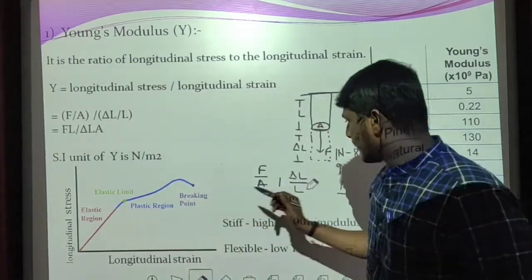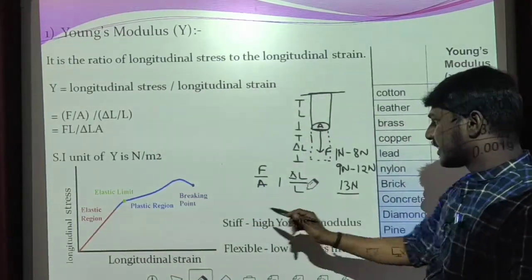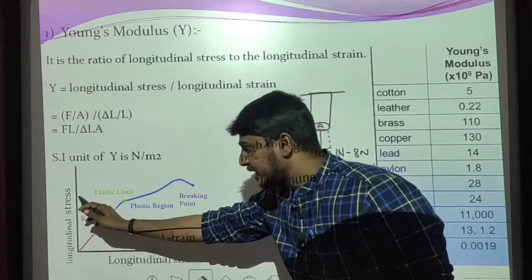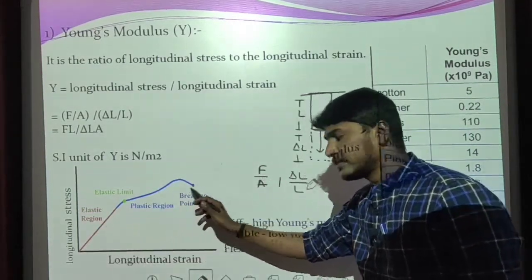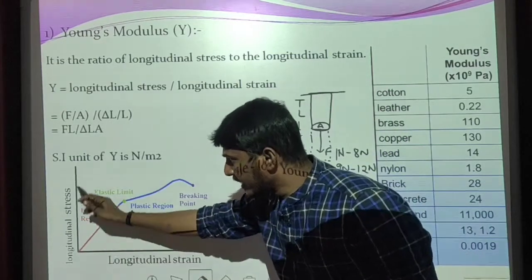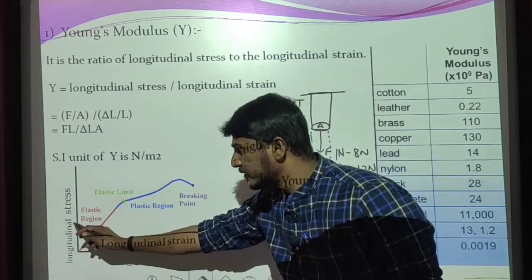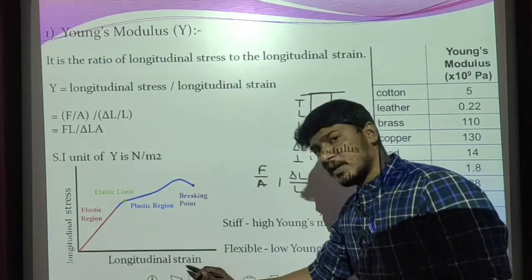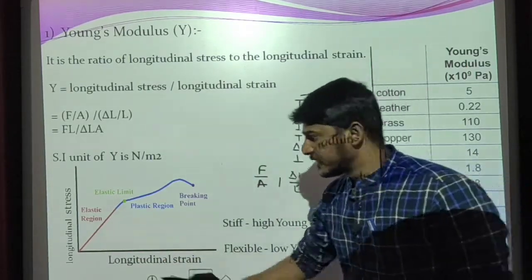When we plot a graph for these values, we get the nature of a curve like this. Along the y-axis we have taken longitudinal stress values and along the x-axis we have taken longitudinal strain values.